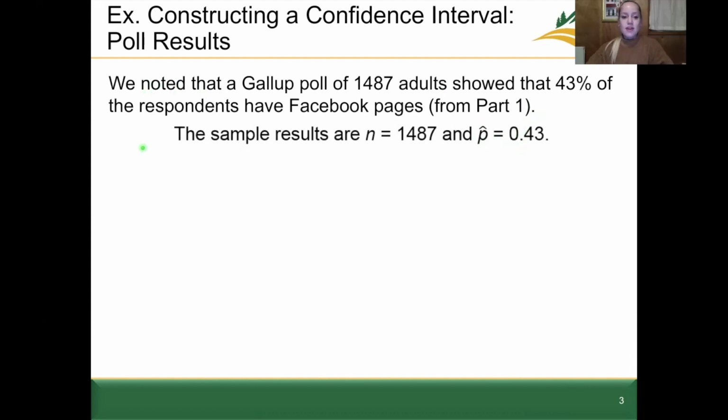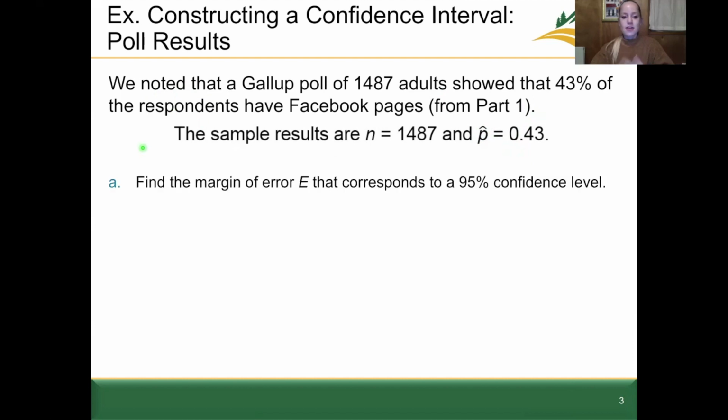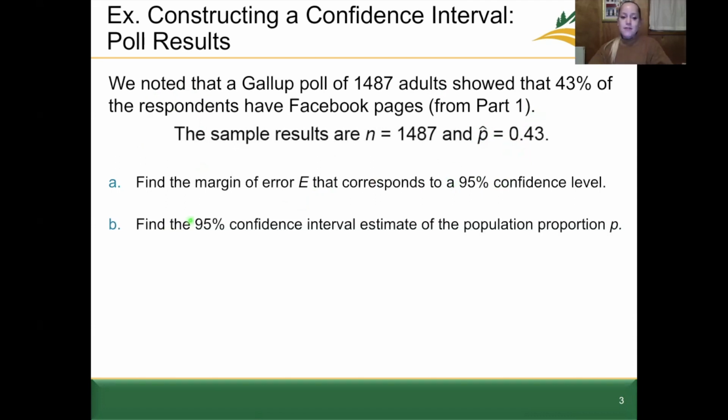We did initially cover this in chapter 7.1, part 1, so if you want to go back and see the full question, you can do so. Let's keep going here. Now we're asked to find the margin of error that corresponds to a 95% confidence level. We'll also find the 95% confidence interval estimate of the population proportion, or lowercase p.